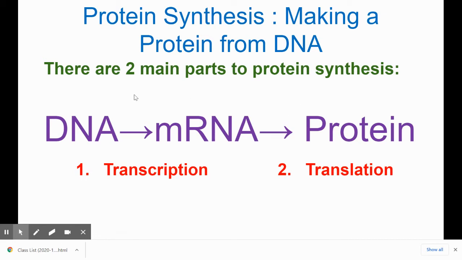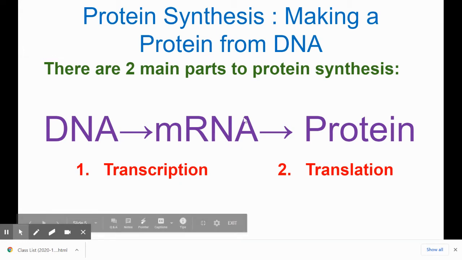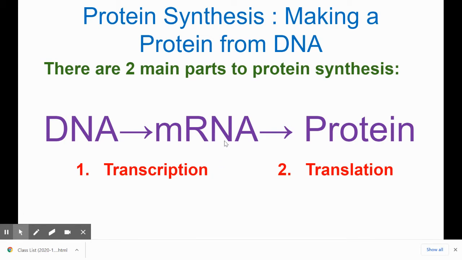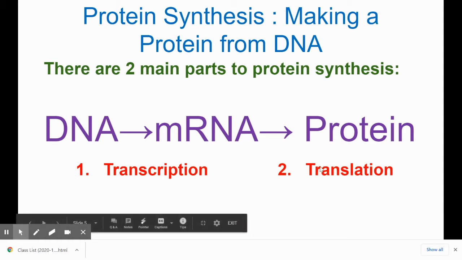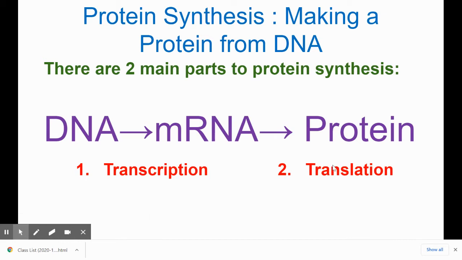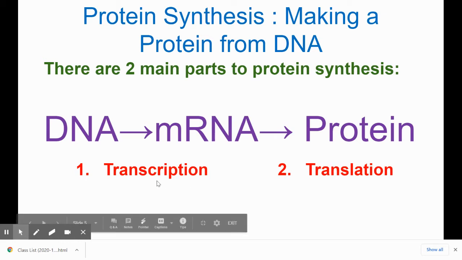This little flow chart summarizes the lesson for today and tomorrow. We start with DNA. DNA is going to get copied into a molecule called mRNA. This is what we're going to talk about today, the process of transcription. Tomorrow, we're going to talk about how messenger RNA is used, or translated, into making a protein. So mRNA to a protein is referred to as translation. Two steps: transcription is first, translation is second.